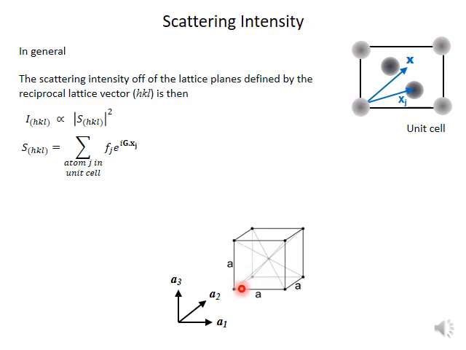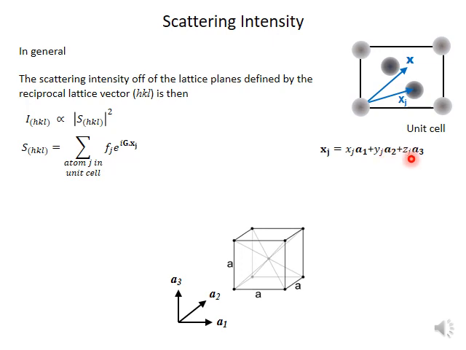These are the conventional unit cell lattice vectors, and they are not primitive lattice vectors. So any xj would then be represented in terms of these three unit vectors a1, a2, and a3, where xj would be the position of that particular jth atom along a1, yj would be the jth atom position along a2, and so on.